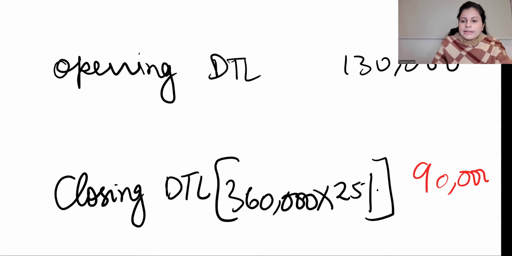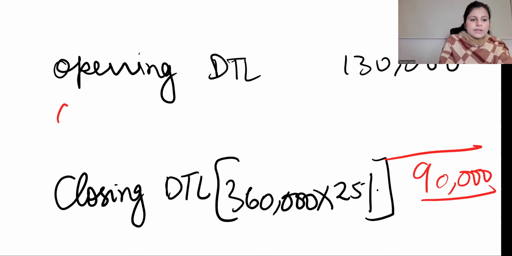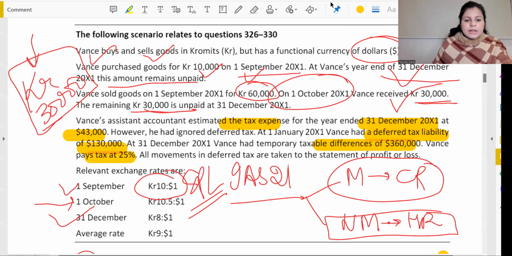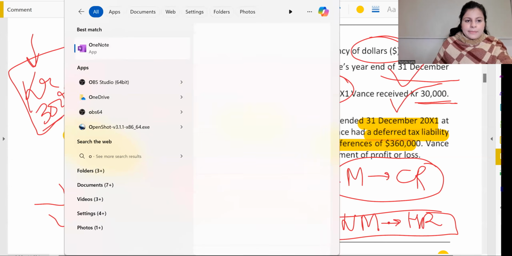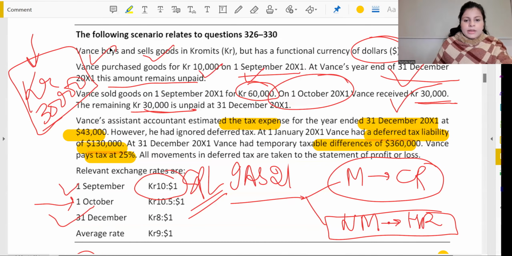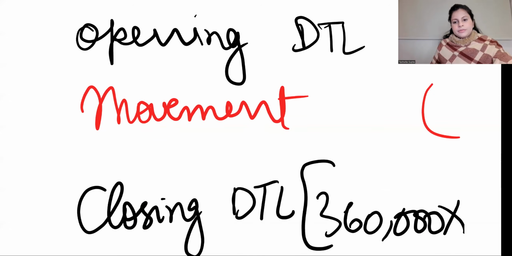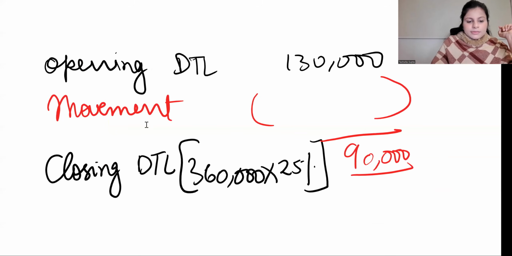So my DTL is reducing. What's the movement? Calculate the balancing figure. It's reducing by how much? $40,000. Very good. So this is reducing by 40,000.